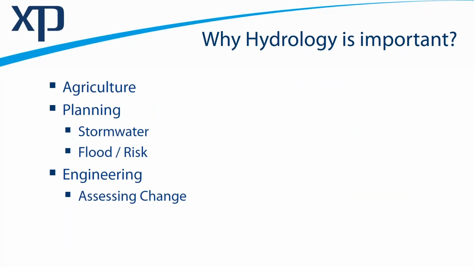And so why is hydrology important? We talked about those in the previous slide, but functionally agriculture is a primary reason, as is town planning. We want to protect our population.